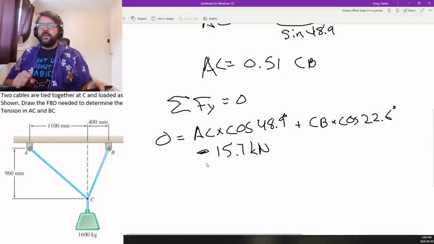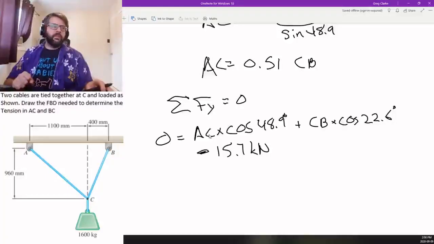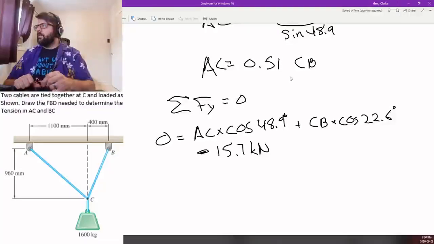Alright, so we've got that. That doesn't let us solve for this immediately, but we do have this relationship right here. So we can take that and basically plug that into here. We'll also move the 15.7 over to the other side of the equation.